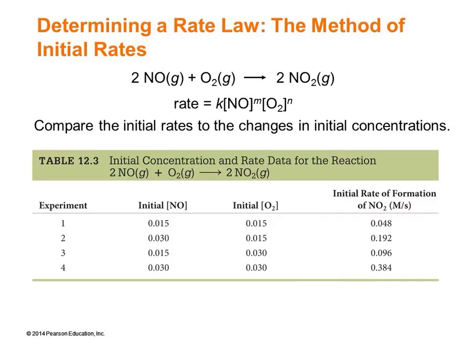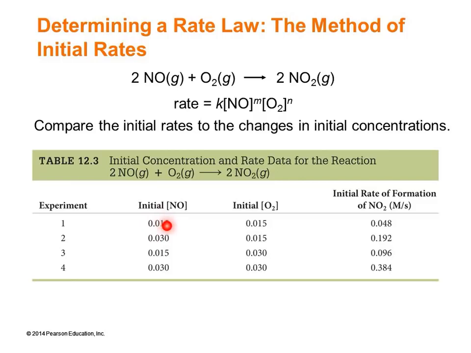That last example was basically a simplified look at what we're doing with the method of initial rates. In the method of initial rates, you take a reaction and you perform that reaction several times. However, what you're doing is you're carefully controlling the initial concentrations of each of your reactants, hence the term initial rates.